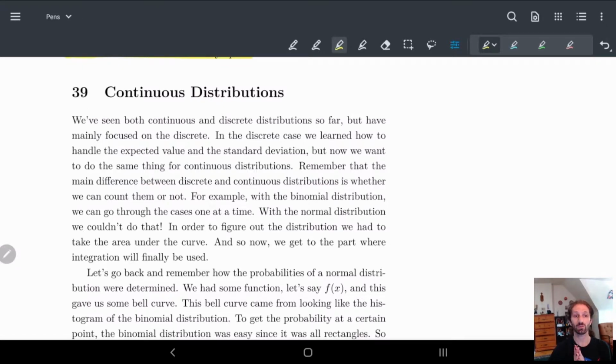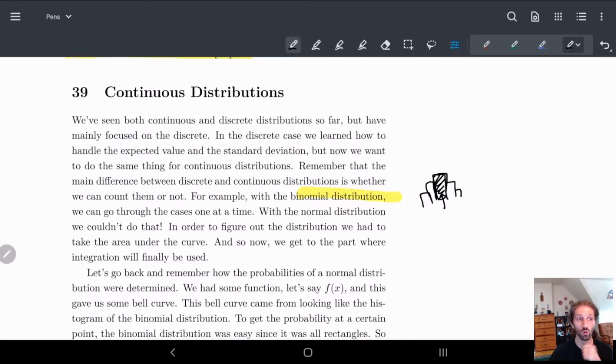The thing to note between discrete and continuous is, look at the binomial case, right? If I look at the binomial distribution, this was drawn as little bars, and basically the probability at any point was given by the area of this bar.